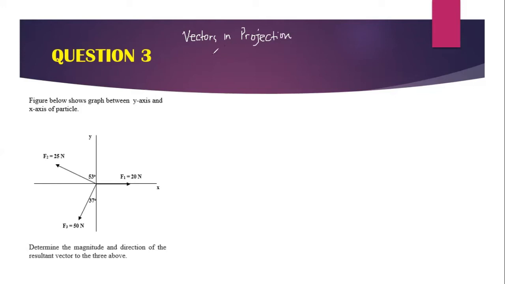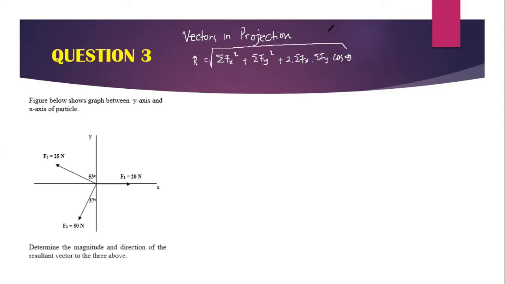Vector projection, resultant equal to, just follow the addition of the vector, root of sigma fx square plus sigma fy square plus 2 times sigma fx times sigma fy cosine theta. Okay, this is the root, right?